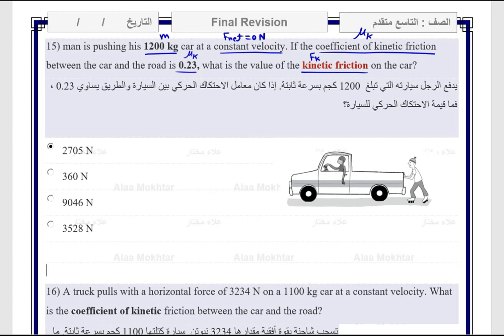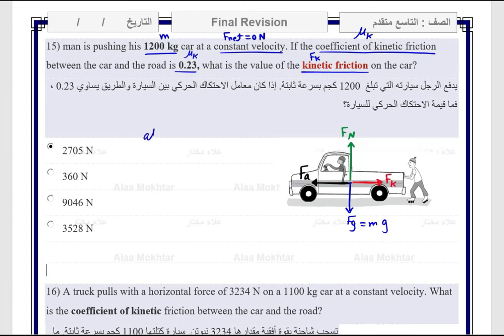On this car, there is a down force, Fg, the weight, equal to mg. There is an up force, Fn, the normal force, equal to Fg. He pushes the car in this direction with his force Fa, the applied force. And there is a force in the opposite direction of motion, named Fk, kinetic friction.